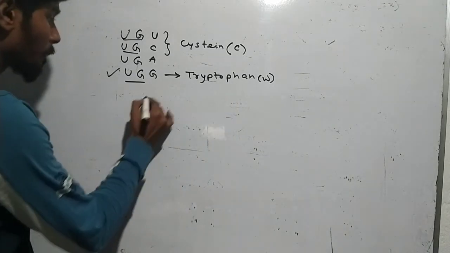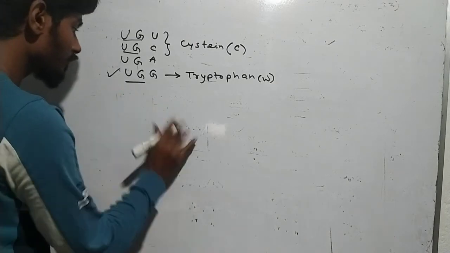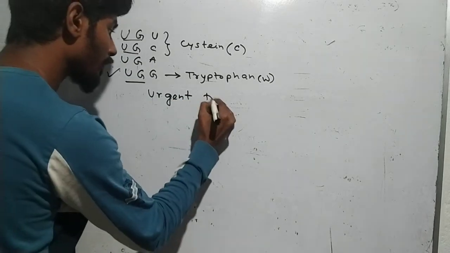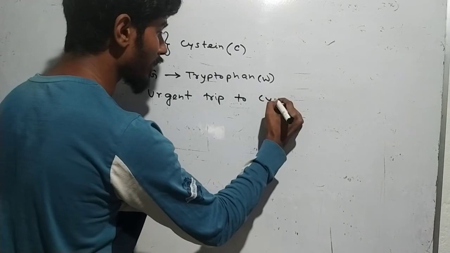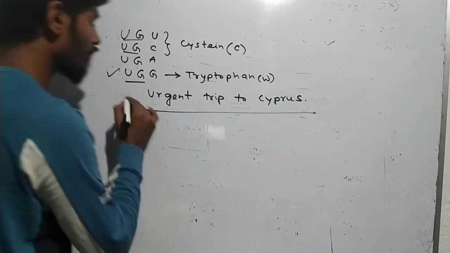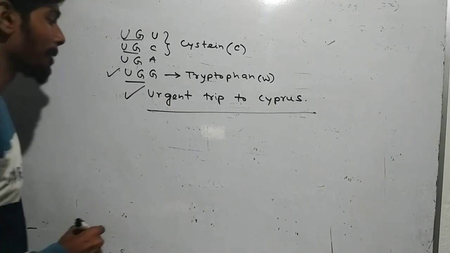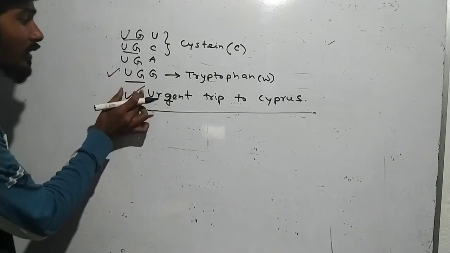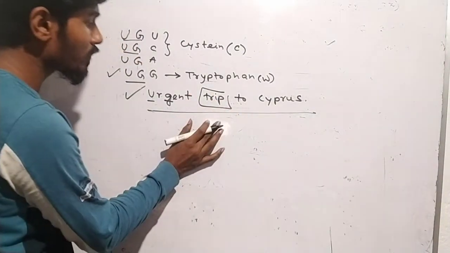Okay, now what is the trick behind this? So the trick is: argent trip to Cyprus. Okay, so suppose you have an argent trip to Cyprus. Now argent actually means U and G. So whenever you find that there is U and G and there is a trip, it means tryptophan.